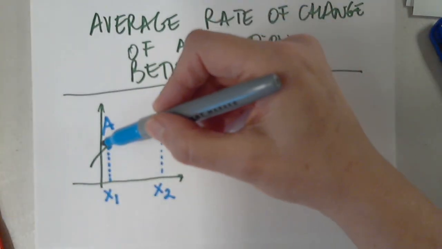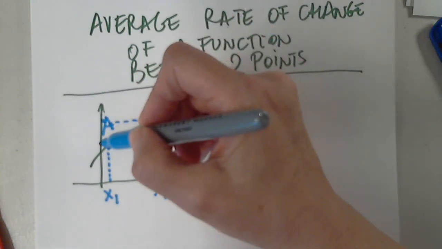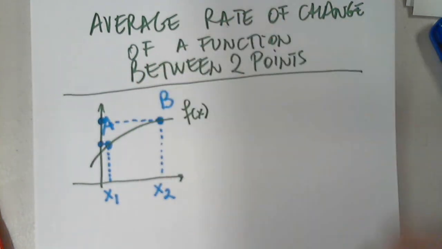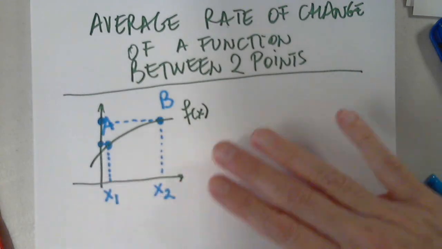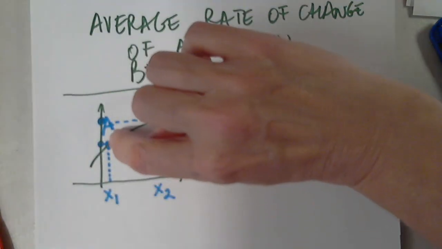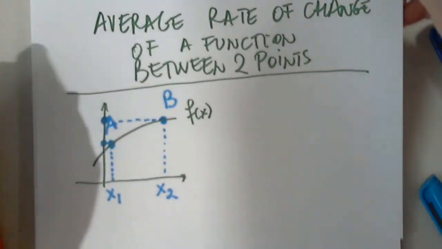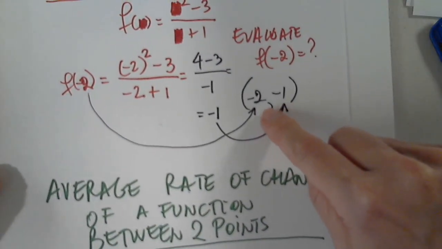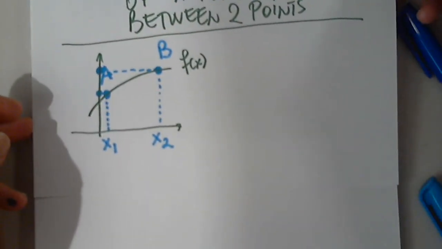Can anyone give us the y coordinate for these points? So what is this value and what is this value? Of course you don't have numbers, you cannot give me numbers. This is not what I'm asking. I'm asking in the context of the problem, what is this height and what is this height?